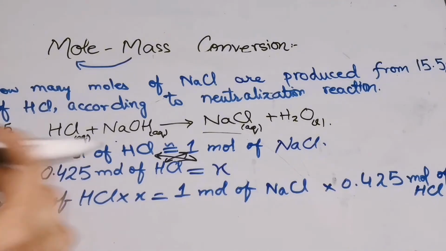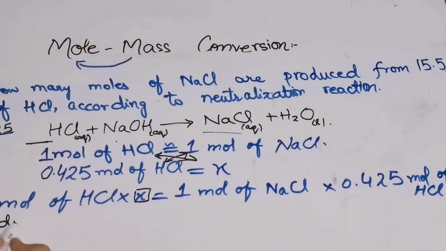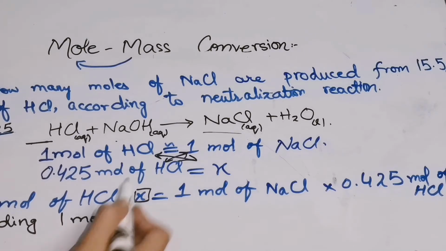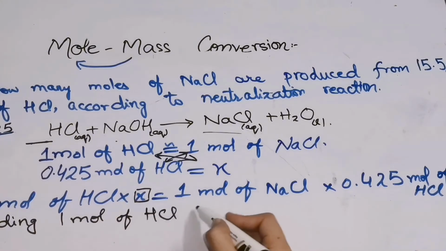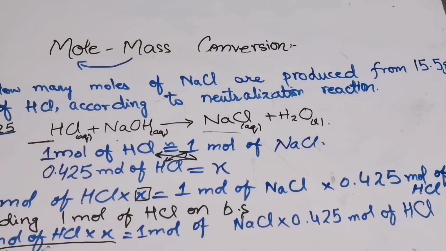X will stay in its place and we will divide both sides by 1 mole of HCl, right? Now they both will cancel each other.